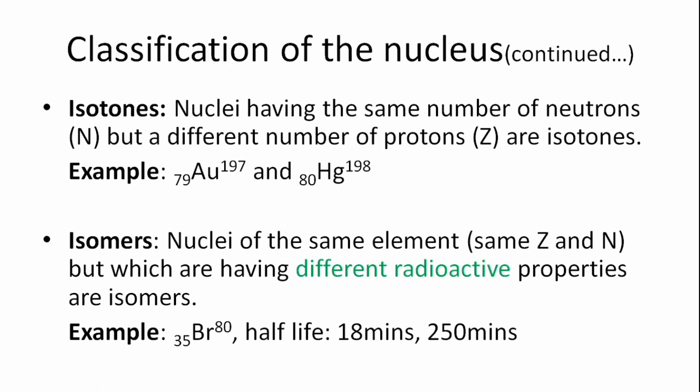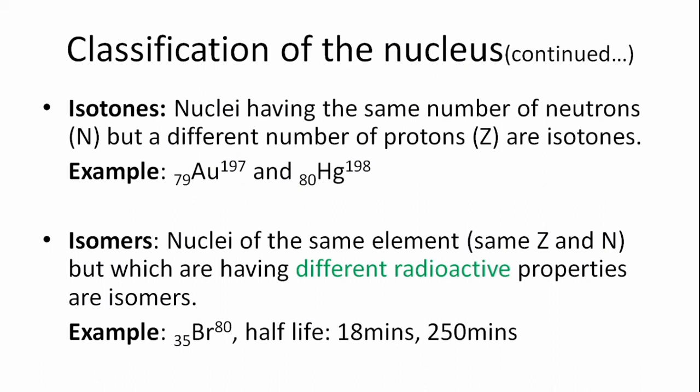The next important classification of nucleus is isotones. Here nuclei having the same neutron number but different proton number are called isotones. Examples: we have gold, Au-79-197. Gold has proton number 79, and proton plus neutron number is 197.